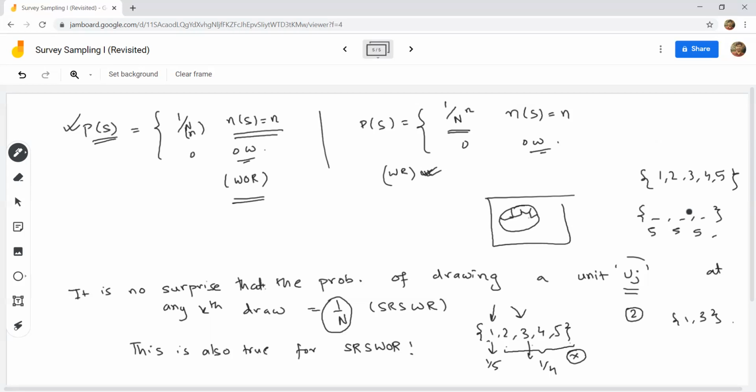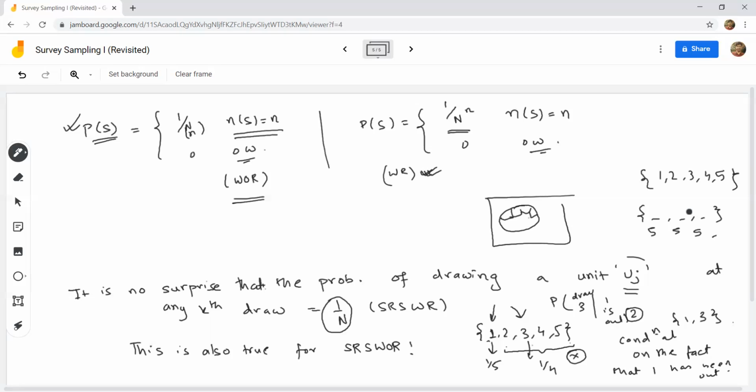Because once you have taken 1 out of the sample, in the next stage the drawing of 3 is conditional on the fact that 1 has been taken out. So it is now a conditional probability: given that 1 is out of the sample, I am drawing 3.